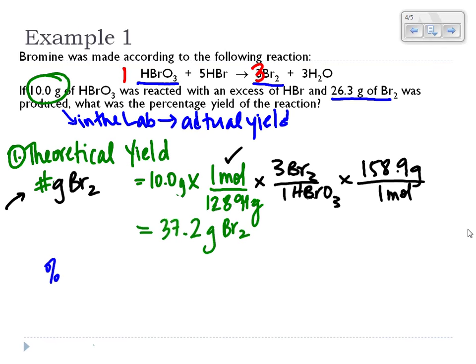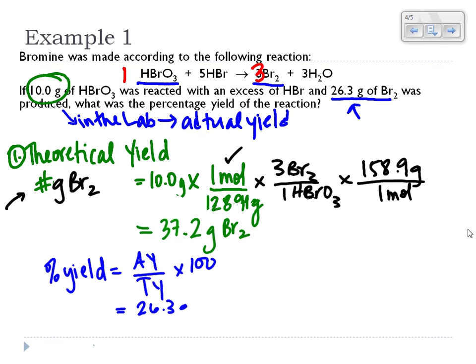So my percentage yield, again, is always going to be the smaller number over the bigger number. So in this case, it's always going to be your actual yield over your theoretical yield times 100. So what I actually got in the lab, that's what's given to you in the problem here. So that's 26.3 grams.